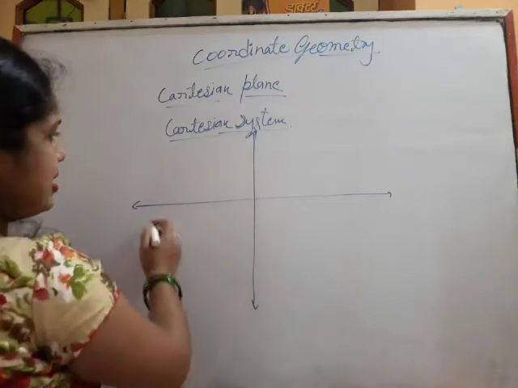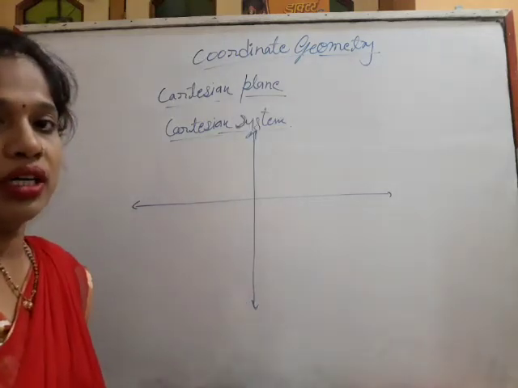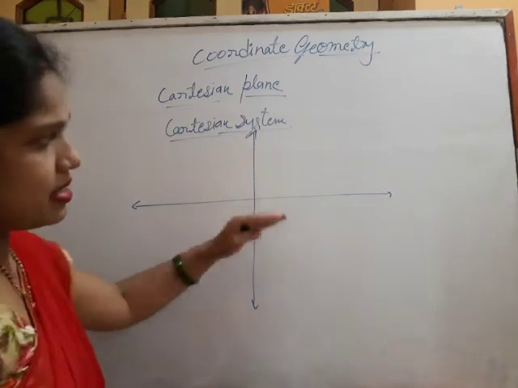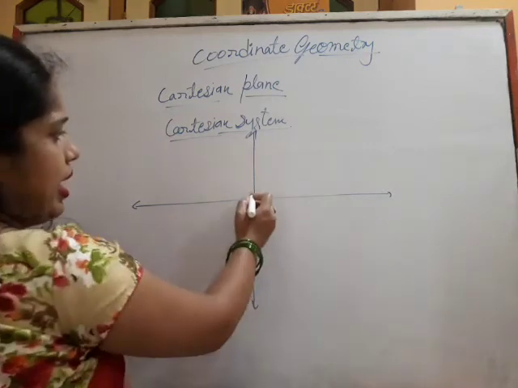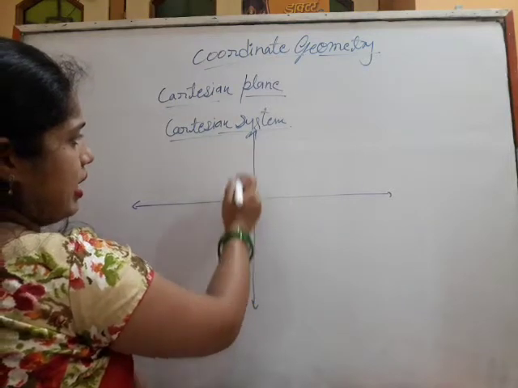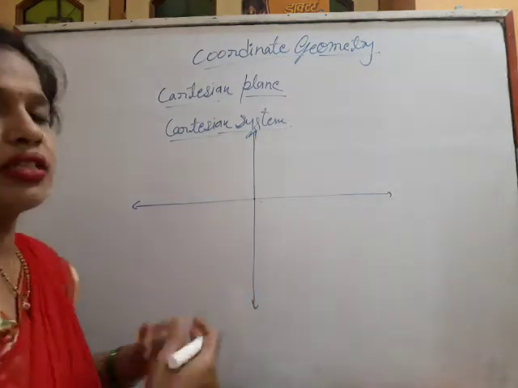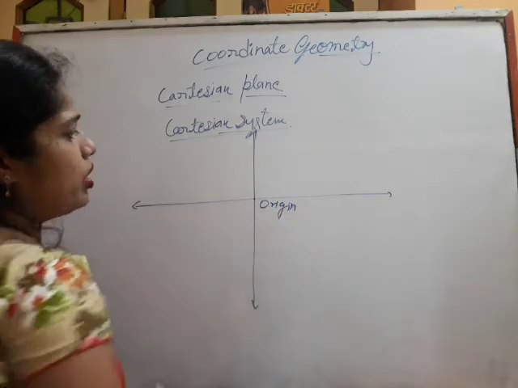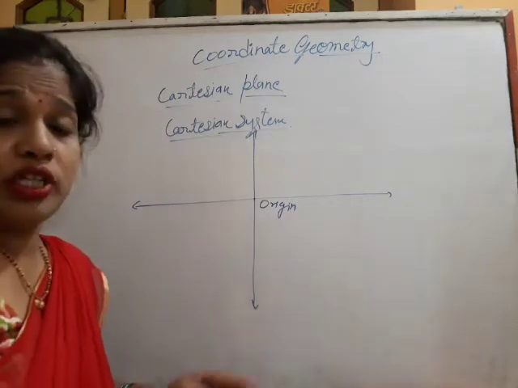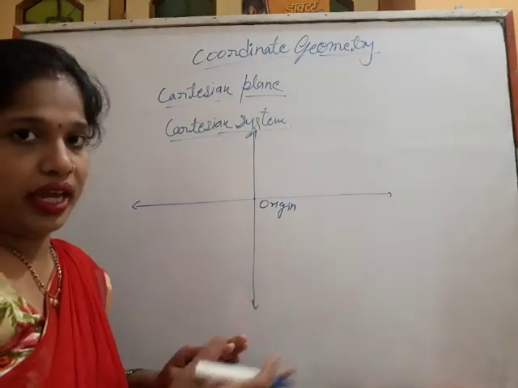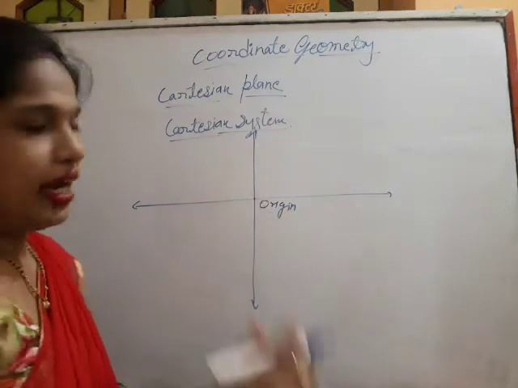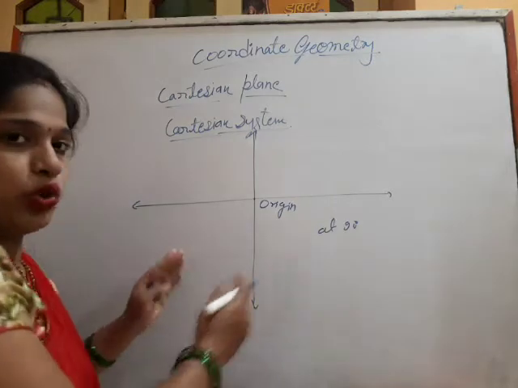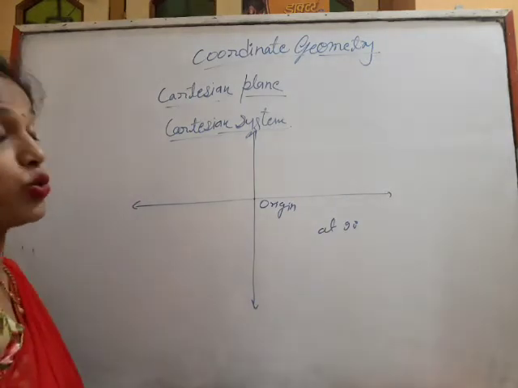This vertical line is also a number line, just like the horizontal line we know. They intersect at some point, and that point is known as the origin. They intersect each other at 90 degrees. So what is this horizontal line and what is this vertical line?